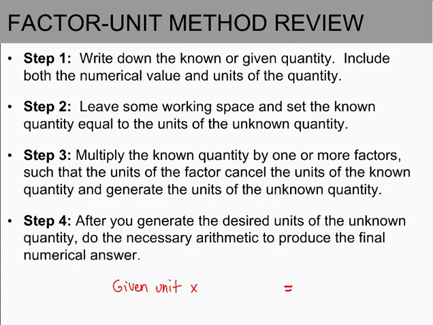Then we want to multiply the known quantity by one or more factors such that the units of the factor cancel the units of the known quantity and generate the units of the unknown quantity. So we want the given unit to be in the denominator of our factor and the desired unit to be in the numerator.